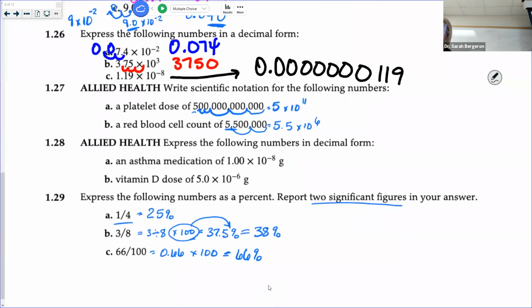Okay. Express the following numbers in decimal form. An asthma medication of 1.00 times 10 to the -8. What should it be? Good.